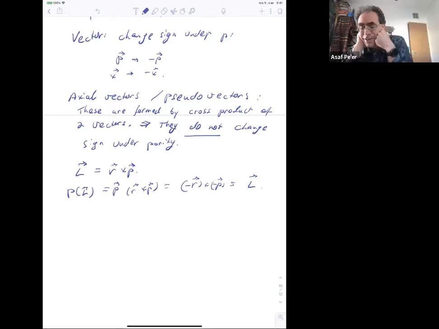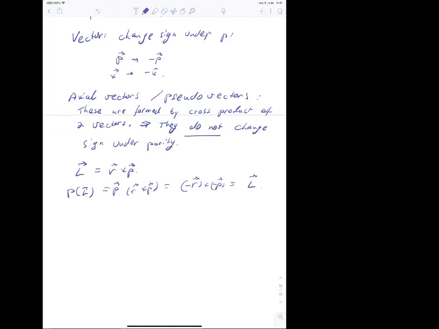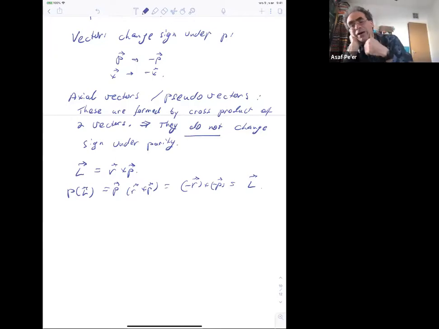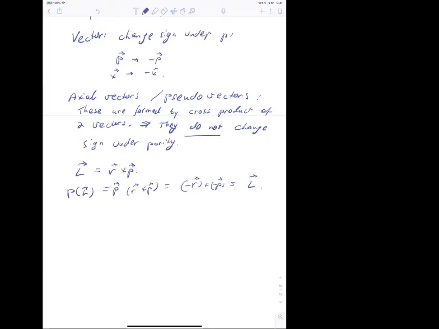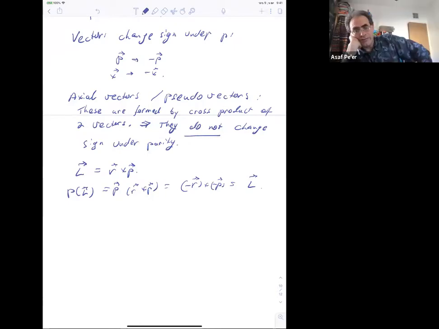What do you get? A scalar, right? That's obvious. What do you get from a scalar product of two axial vectors? Scalar as well. And what do you get from a scalar product of a vector and an axial vector?